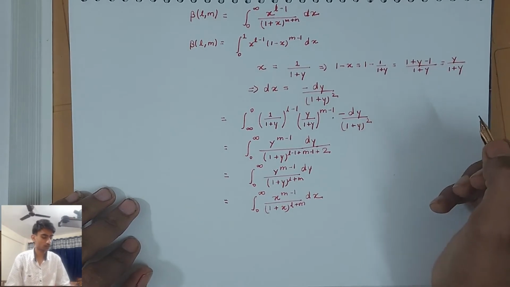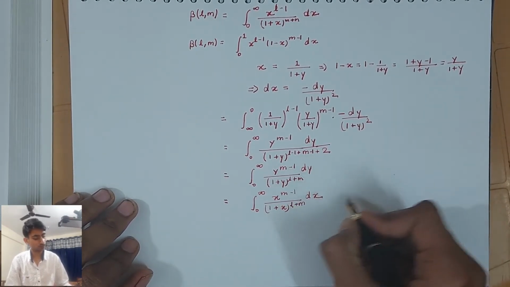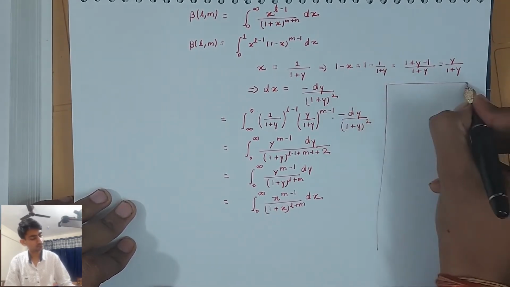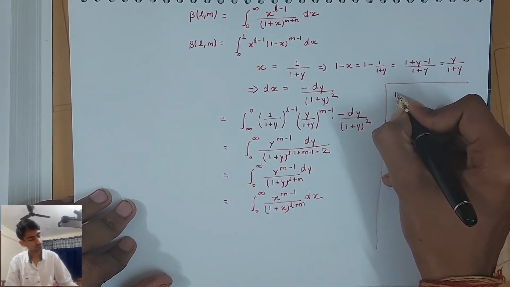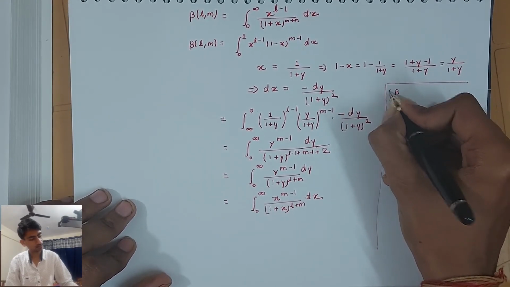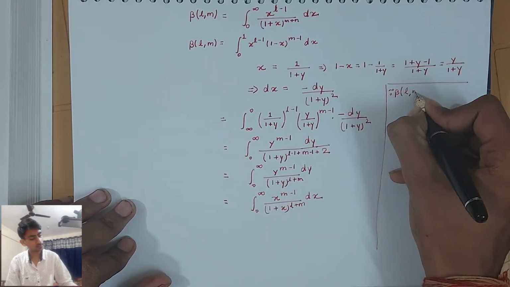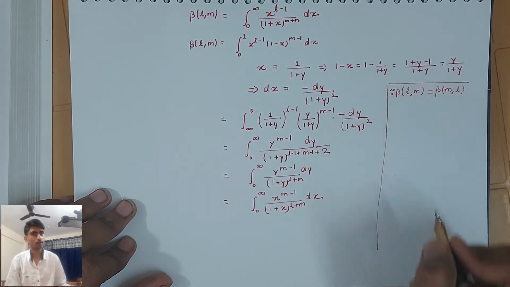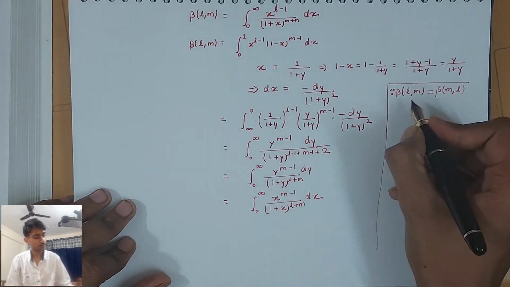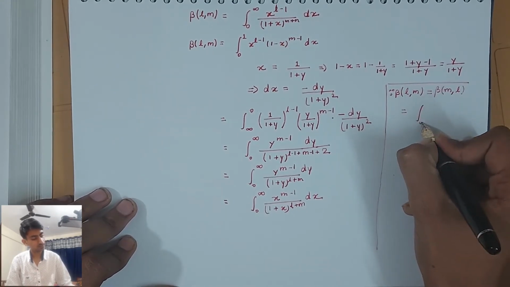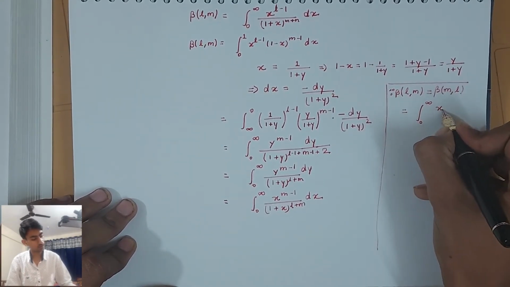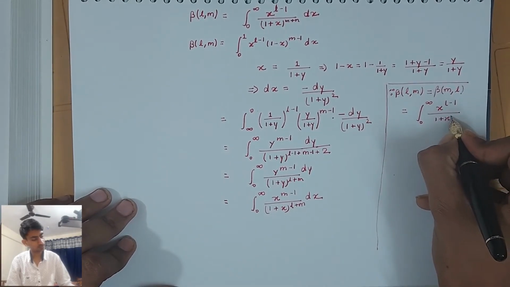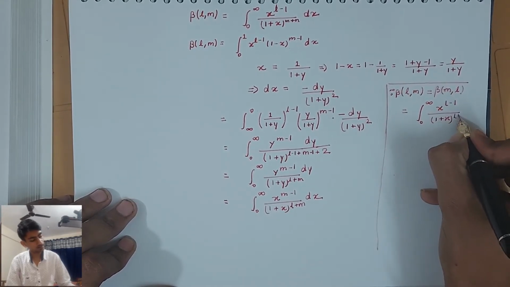And one more thing you can say, that since beta of l comma m is equal to beta of m comma l, you can always rewrite it as integral 0 to infinity x to the power l minus 1 divided by (1 plus x) to the power l plus m.